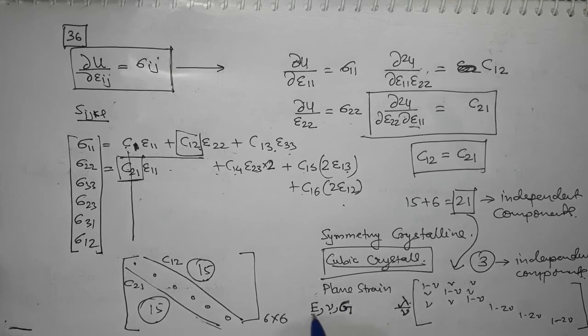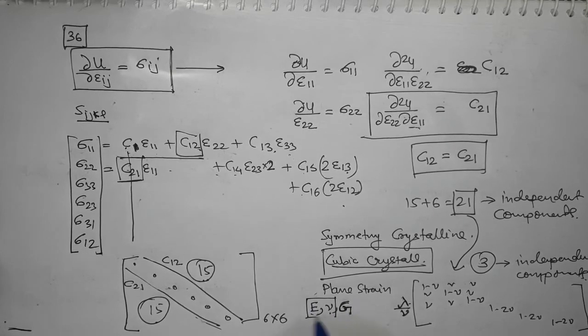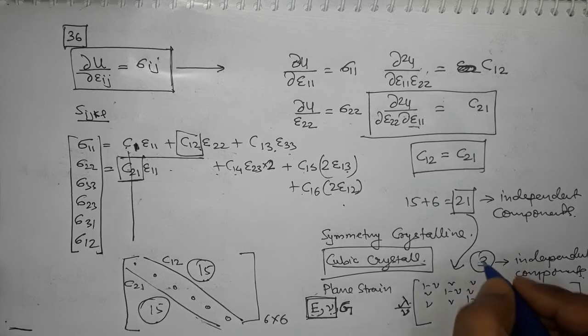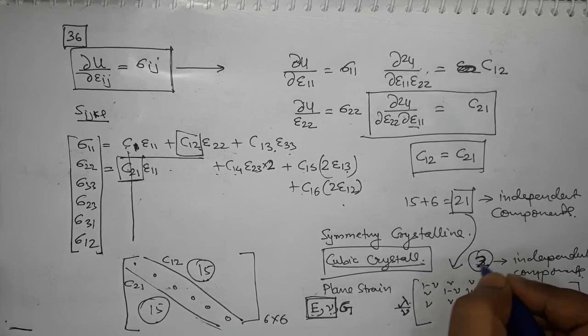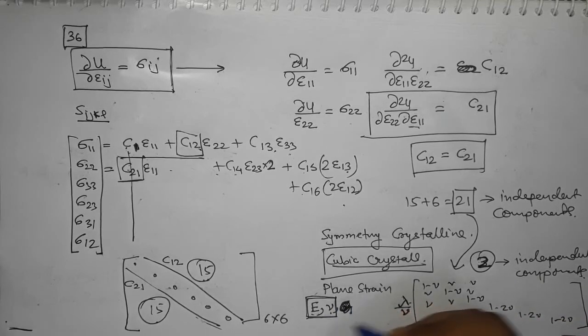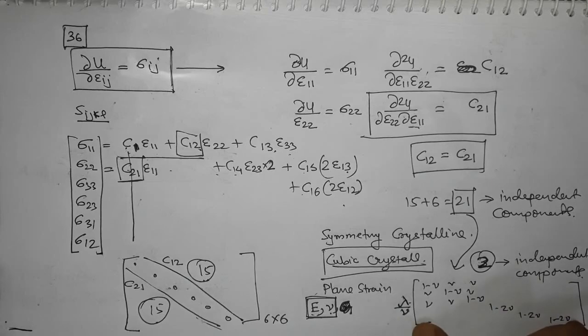So basically we have only two independent constants for a cubic crystal, right? Yes, so we actually have only two independent constants, and this is true for an isotropic crystal.